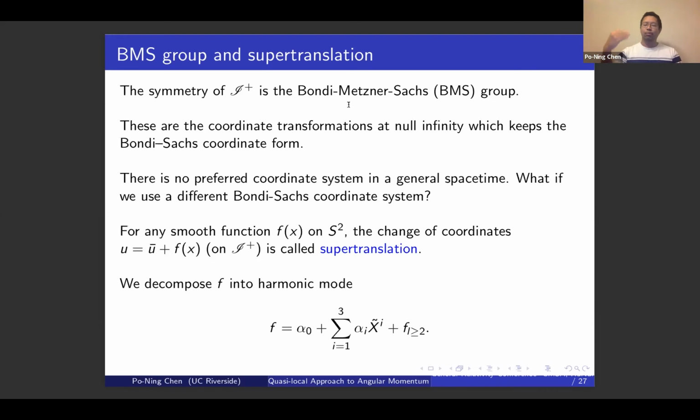On the induced metric, you won't be able to tell the difference. You don't have a reason to think that u equals a constant is better than u equals a constant plus f of x. In fact, both can be completed to a Bondi coordinate system with powers in r. So they are equally good as Bondi coordinate systems, u and u bar.